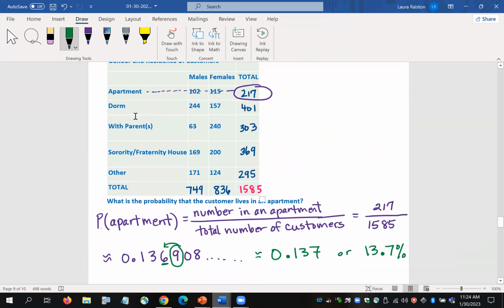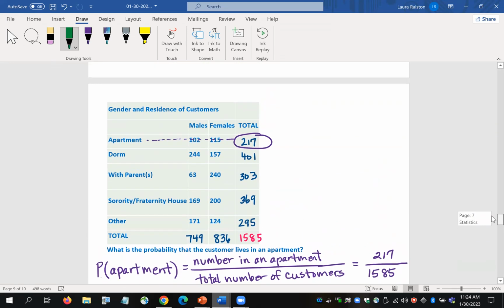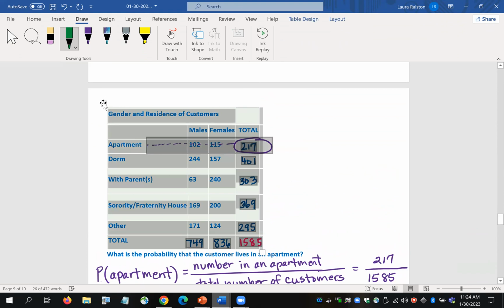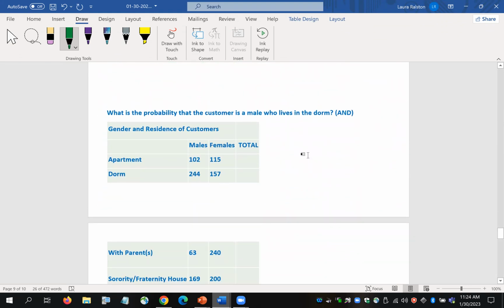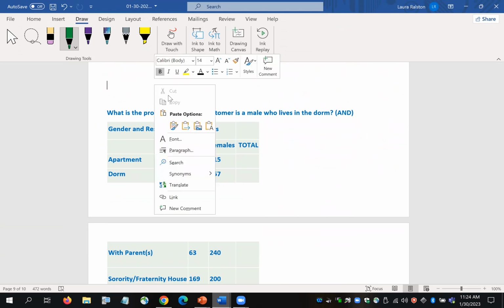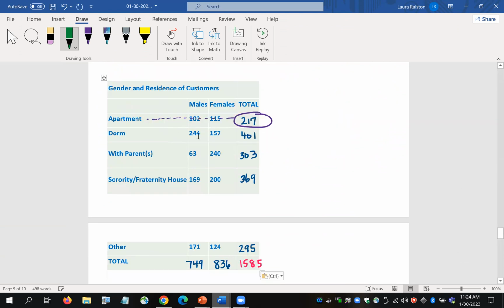Okay, let me get the table again. So I already have the numbers on there. All right, so I've got my table again.